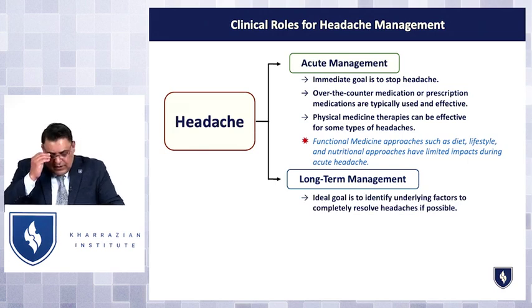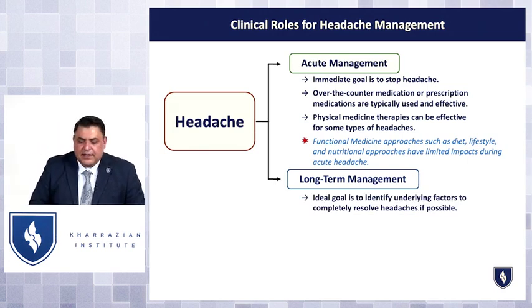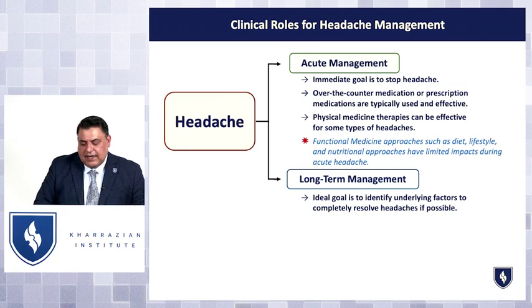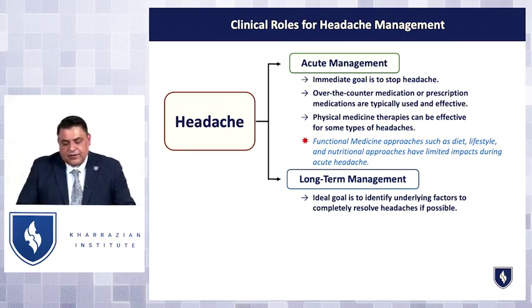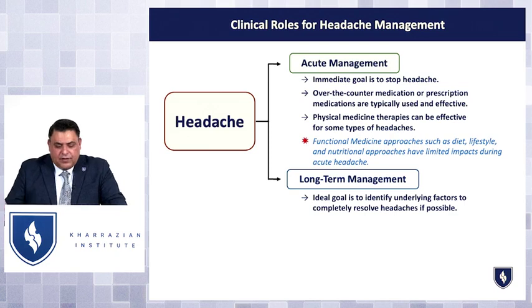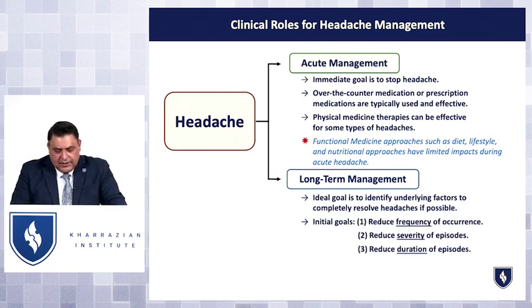Now, long-term management of a headache means you're trying to deal with the chronicity of the headache. The ideal goal is to identify underlying factors to completely resolve the headache if possible. But your initial goal as the clinician should be to look at the frequency, write it down, and agree with the patient how often it occurs.